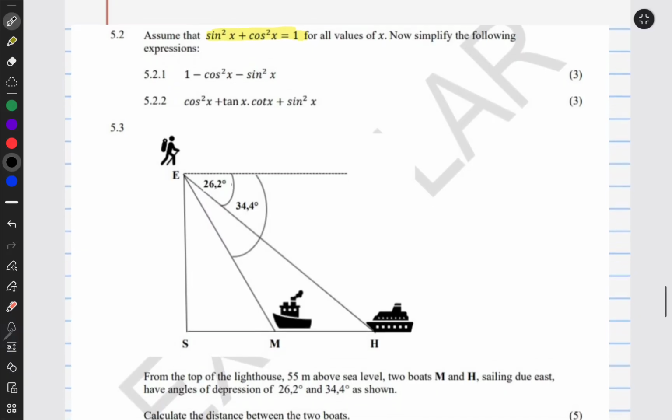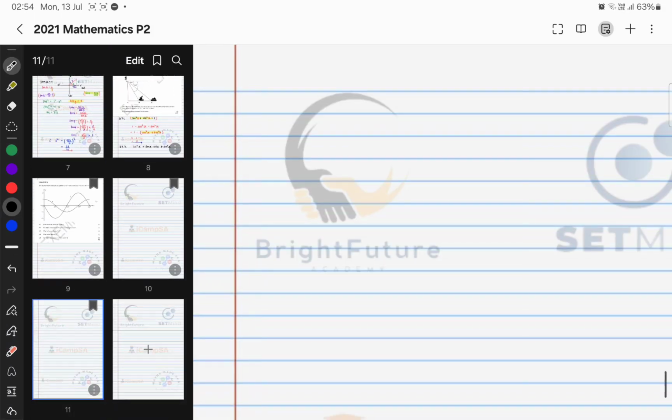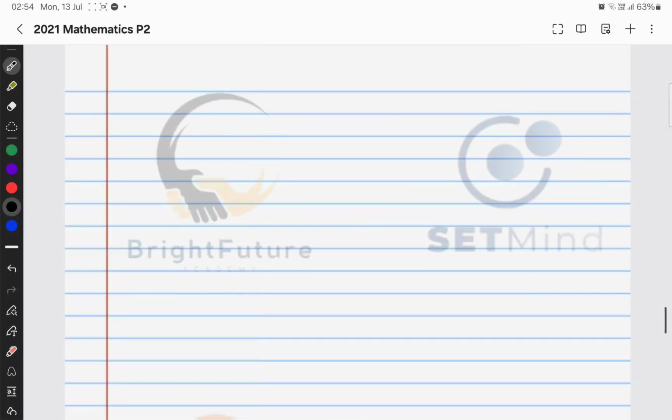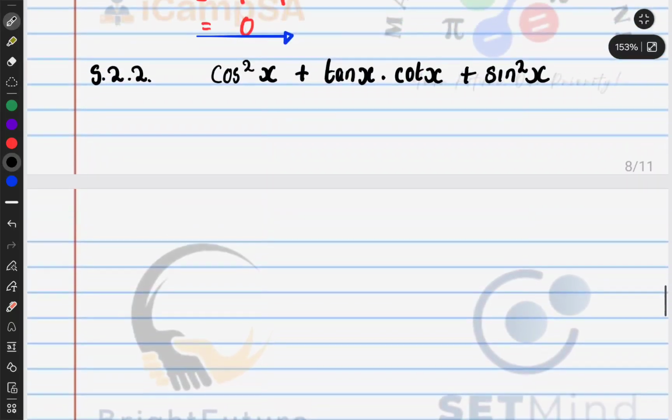Okay, so 5.2.2, we have cos squared x plus tan x multiplied by cot x plus sine squared x. Okay, let me add a page here.